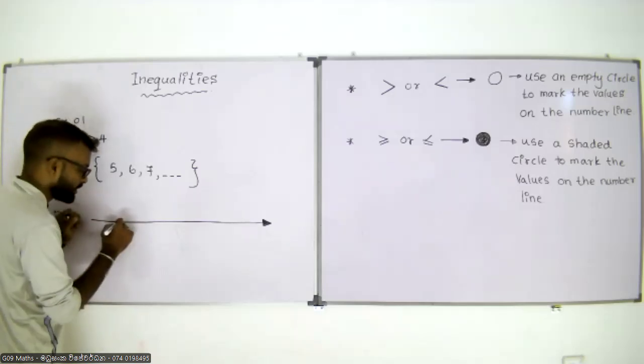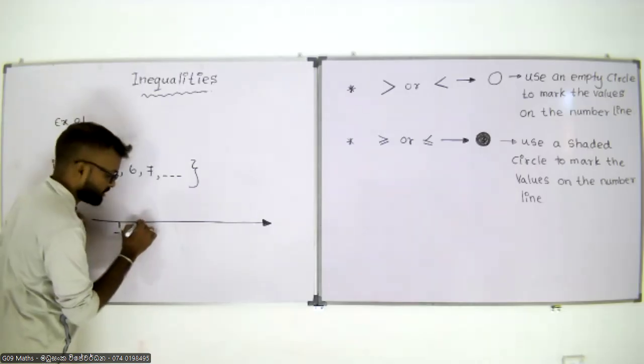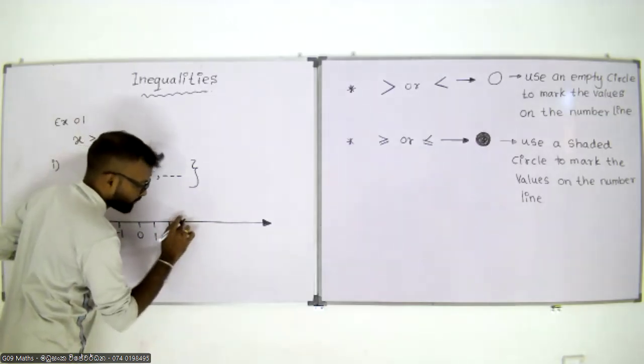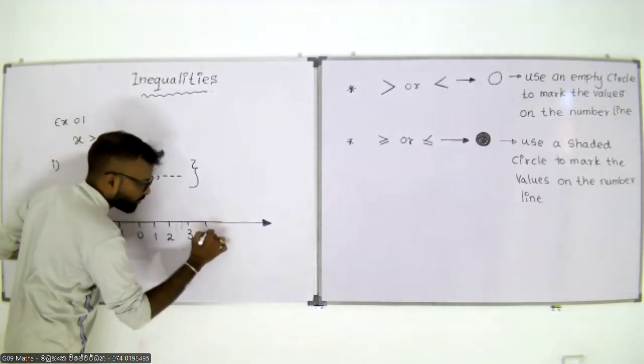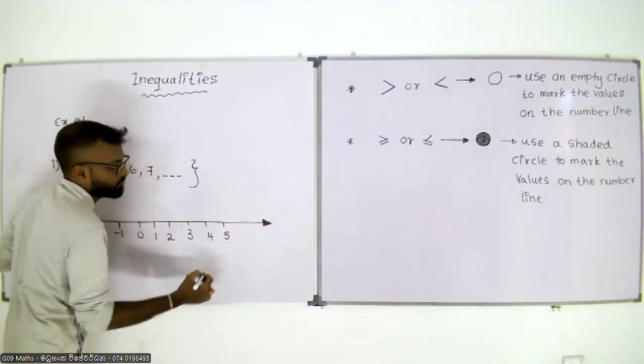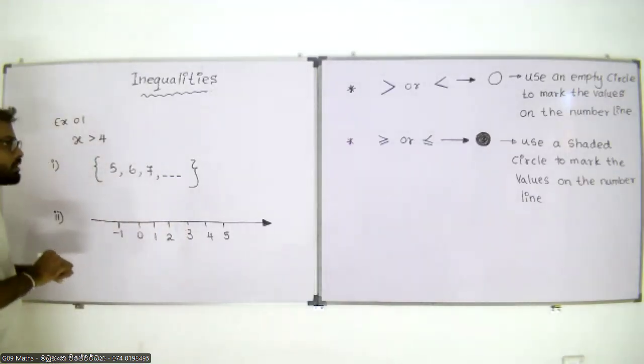So I will begin from -1 only, so that we know we have a negative part as well. 0, 1, 2, 3, 4, 5, and so on. We have some more values as well.